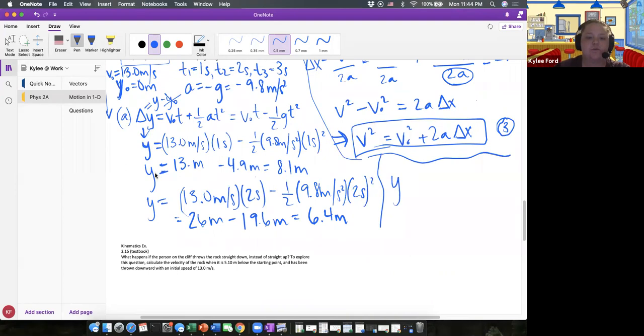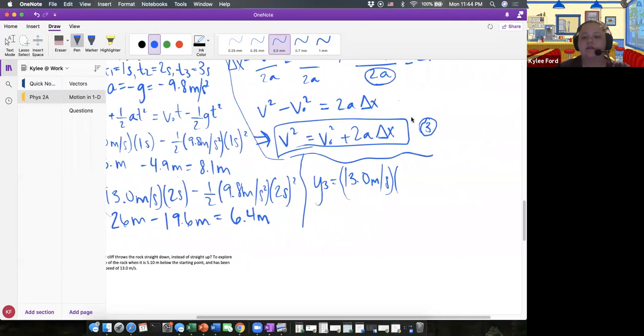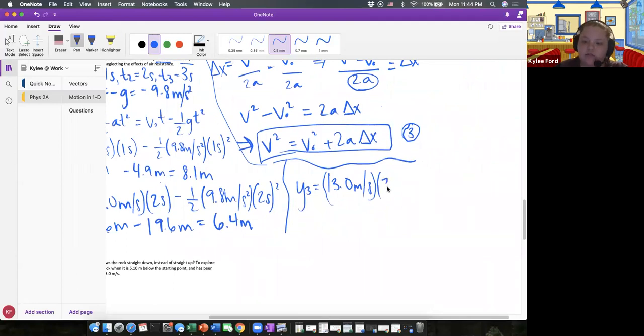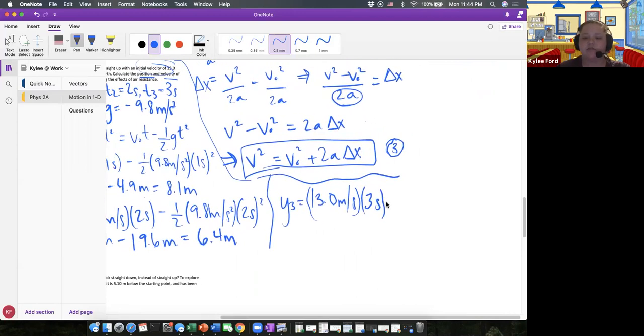Guess we can call these y1, y2, and y3. I'll make it more clear for us. We have 13.0 meters per second times 3 seconds. Sorry, my handwriting is getting real sloppy. I don't know why. This pen doesn't like me. Minus 9.8 meters per second squared times 3 seconds squared.